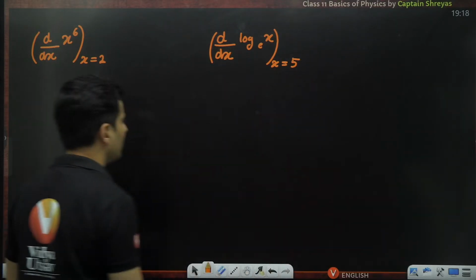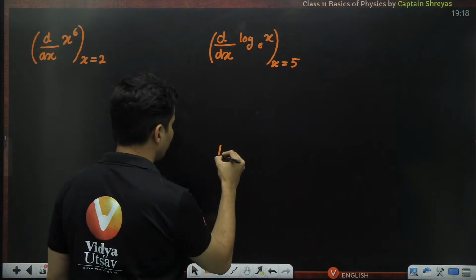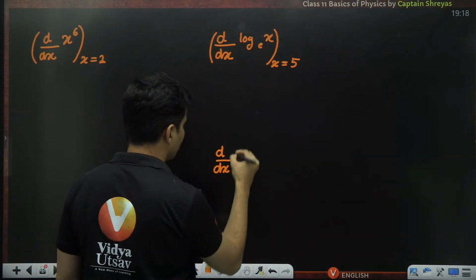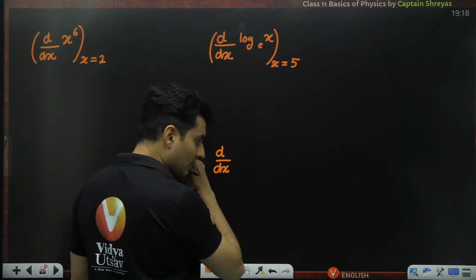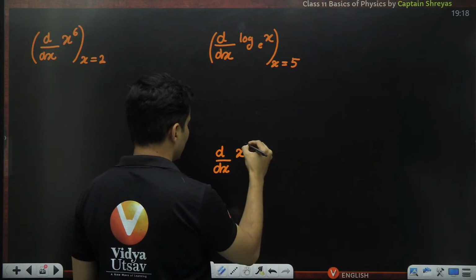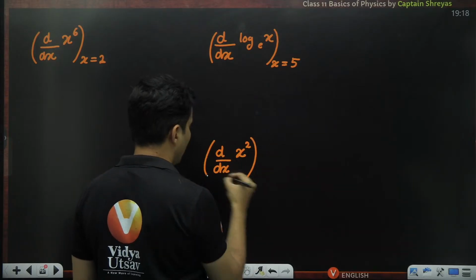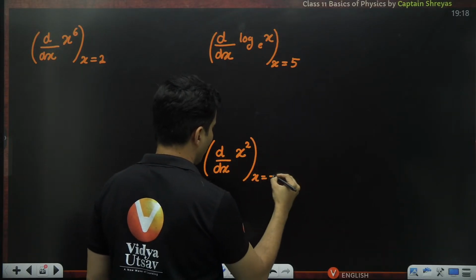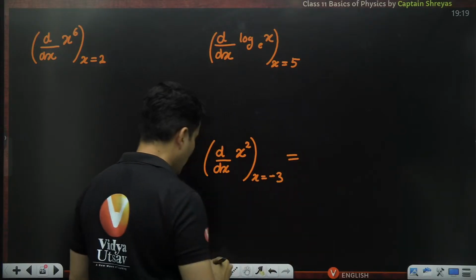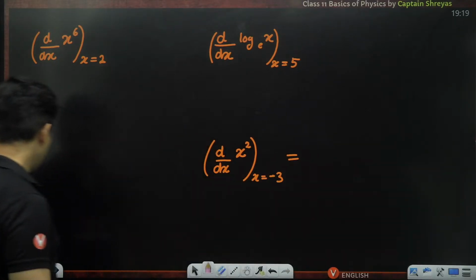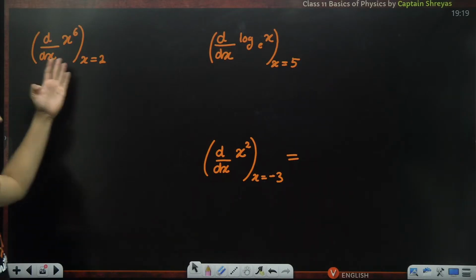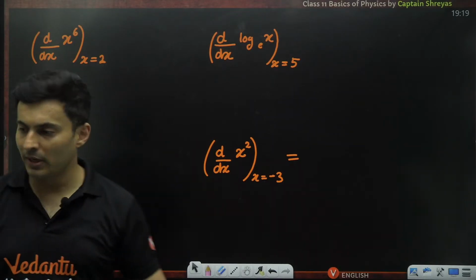This is another question. Next, find d by dx of just x square at x equals to -3. Come on, my dear students, just try to figure out these answers. What is the answer for each one of them? These are your 3 numericals.